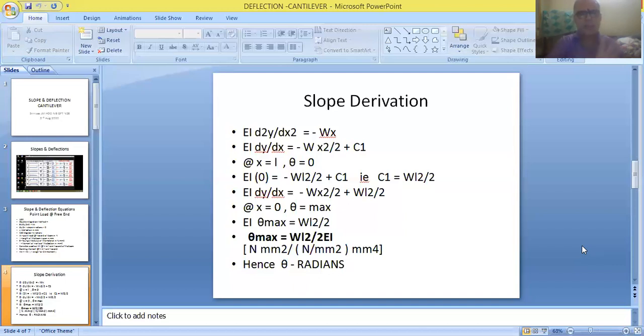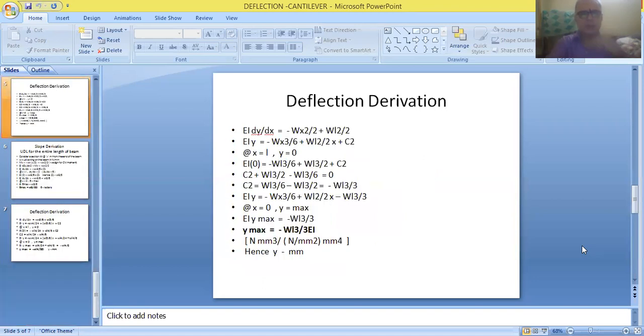So finally, we got this value. This is the slope formula for measuring the slope of the beam when a point load is acting at the free end of the cantilever. Now, coming to the deflection.